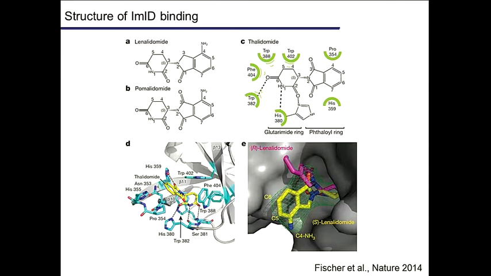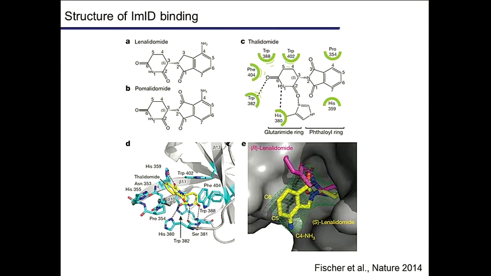And that glutarimide ring makes many different contacts with cereblon, with the protein, and sits in this hydrophobic pocket. So this part, which is the same between all of the members of this class of drugs, sits deep within cereblon. This half of the molecule varies slightly. This carbonyl group is the one difference between lenalidomide and pomalidomide.